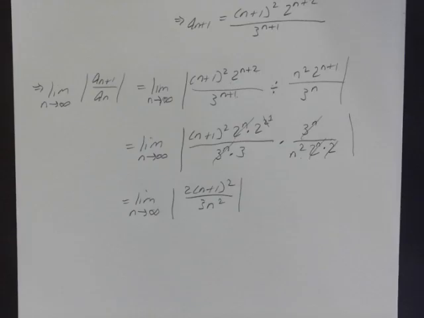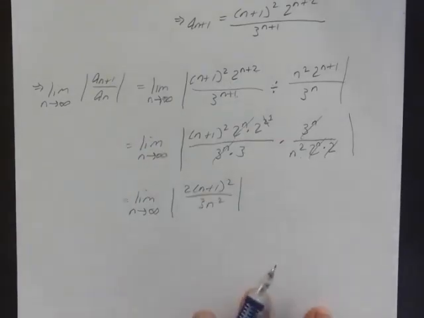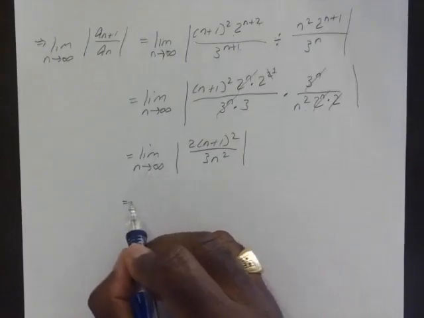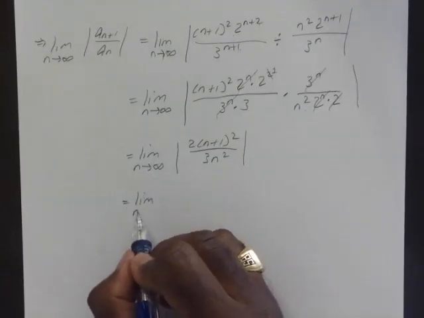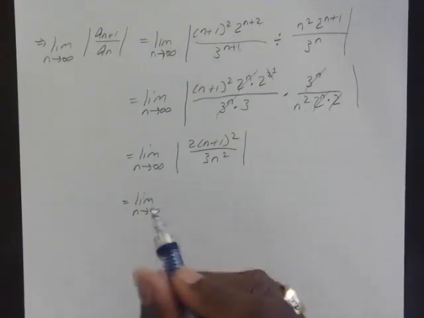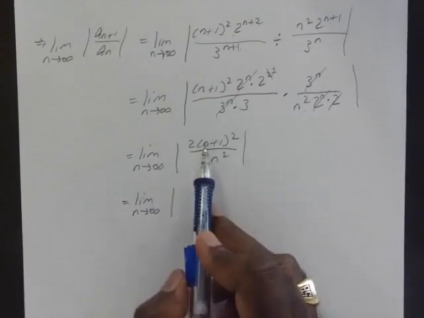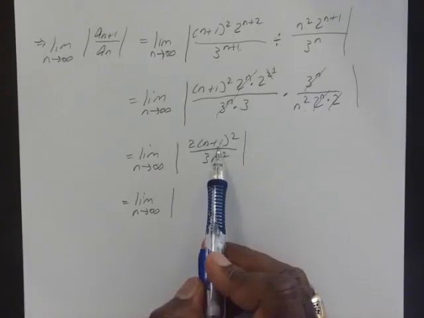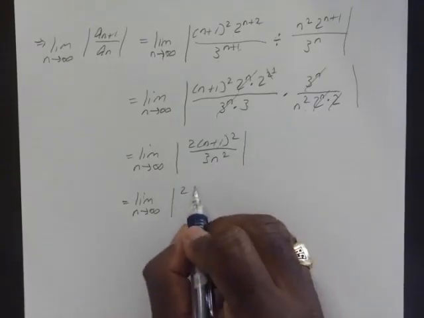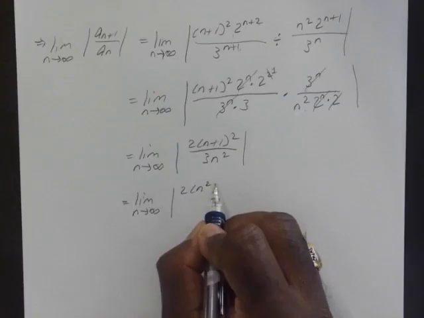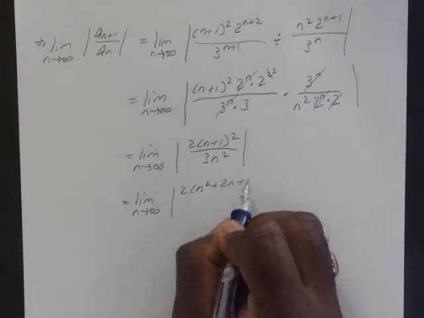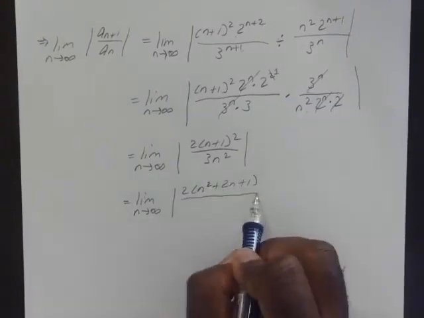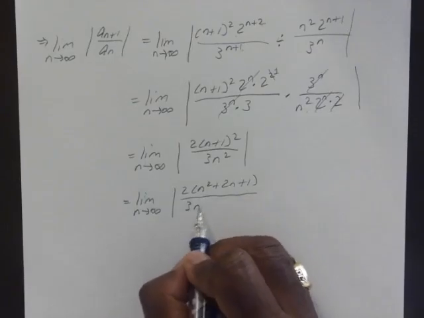Or we can go ahead and expand that n plus 1 squared. So the limit as n approaches infinity. N plus 1 squared is n squared plus 2n plus 1. N squared plus 2n plus 1 divided by 3n squared.